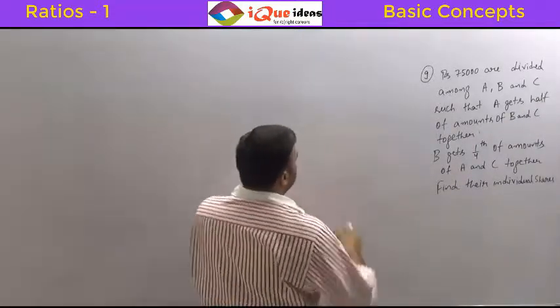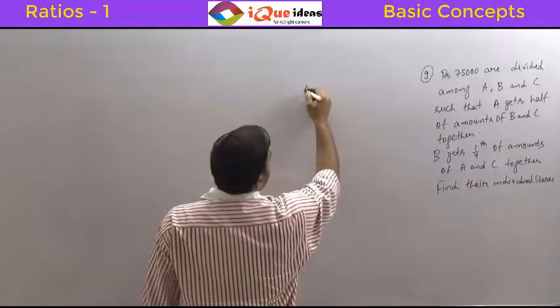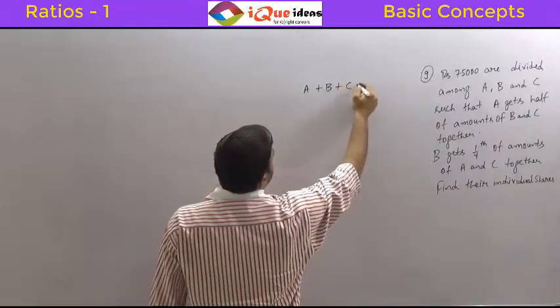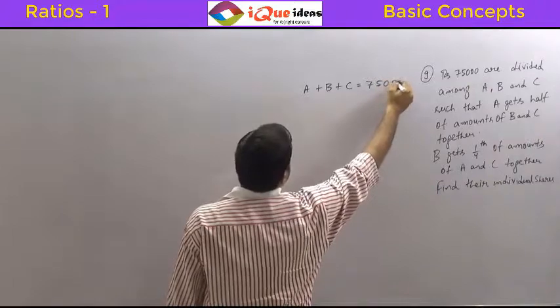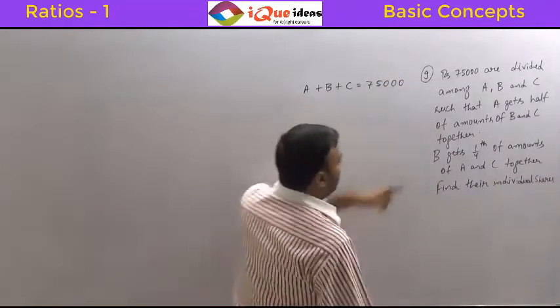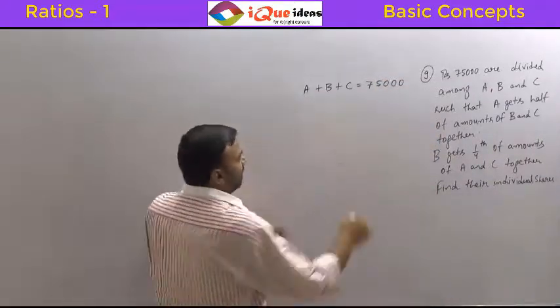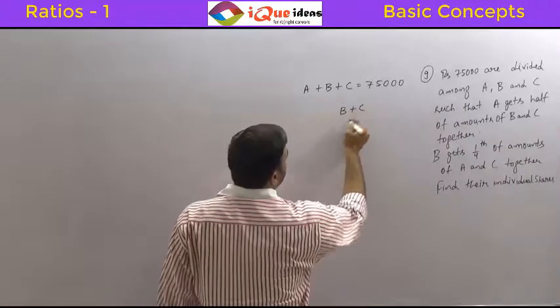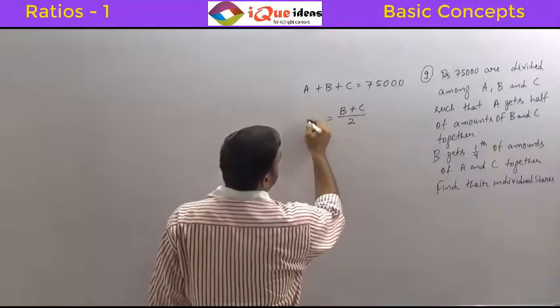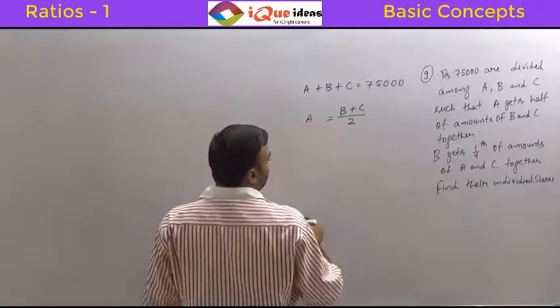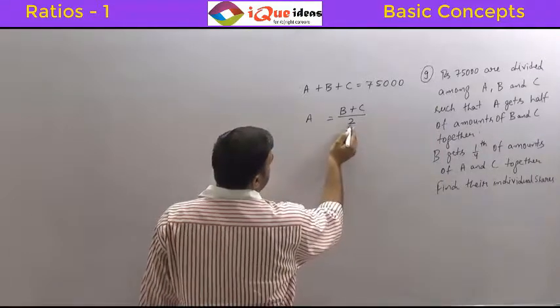So the first equation that we get is A plus B plus C is equal to 75,000. Now second equation, A gets half of the amounts of B and C together. So whatever B and C get, half of that is equal to A. So instead of making an equation, just do one thing. Bring 2 on this side.